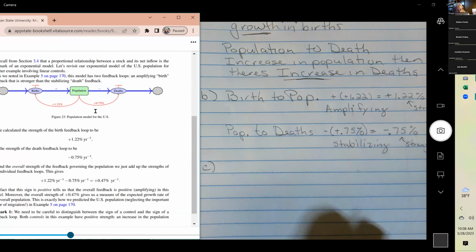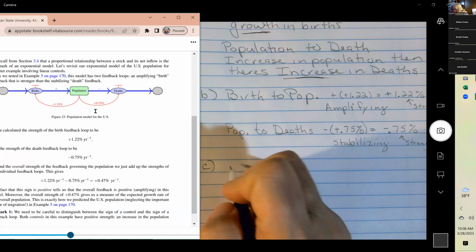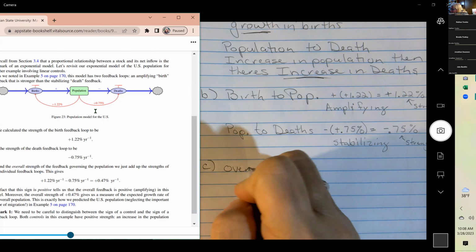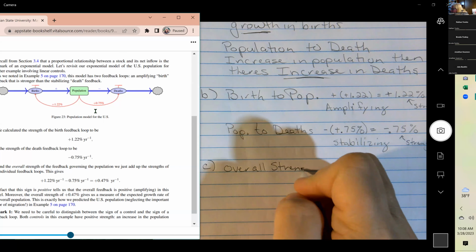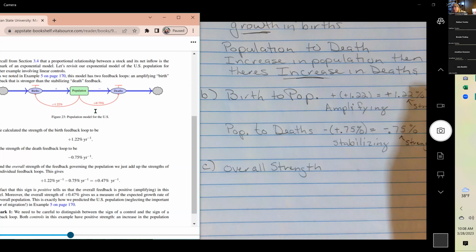Part C is find the overall strength of the feedback loop and is it amplifying or stabilizing? So overall strength. You add the strength of your feedback loops together.